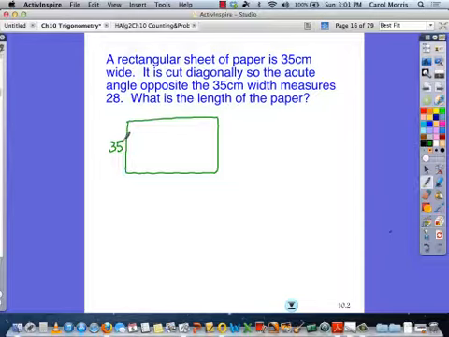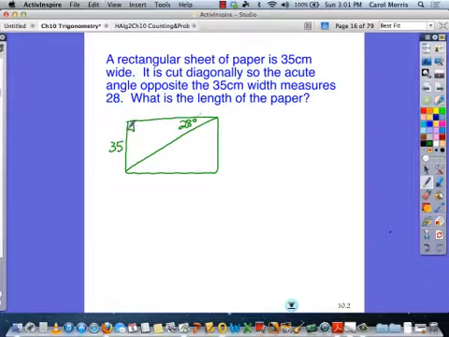So we're going to cut our paper diagonally, and it says the angle opposite the 35 centimeter width, so this one right here measures 28 degrees.